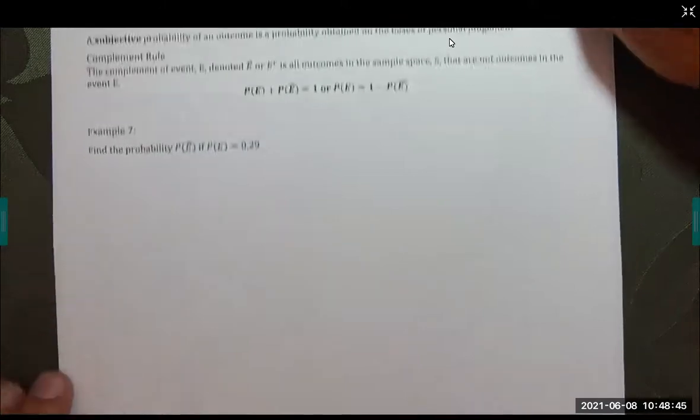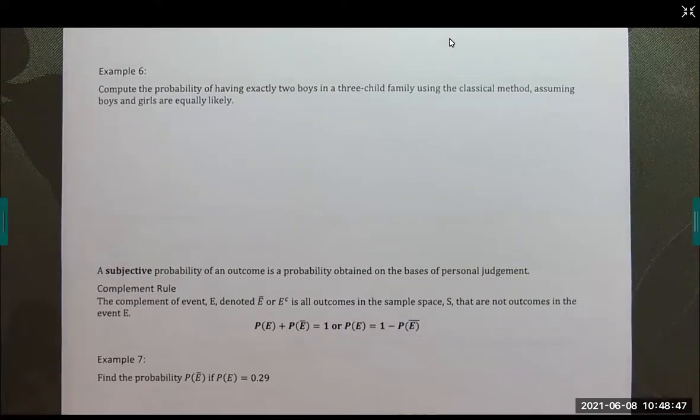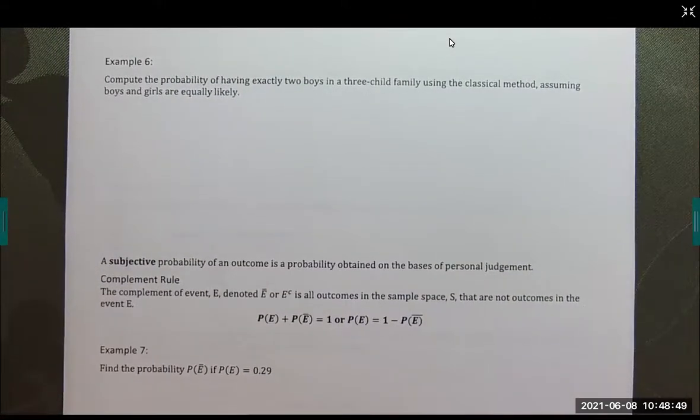All right. Let's keep going. Compute the probability of having exactly 2 boys in a 3-child family using the classical method, assuming that the boys and girls are equally likely. Without getting into what gender means and all that kind of stuff, we're just going to go by the sex of the children.